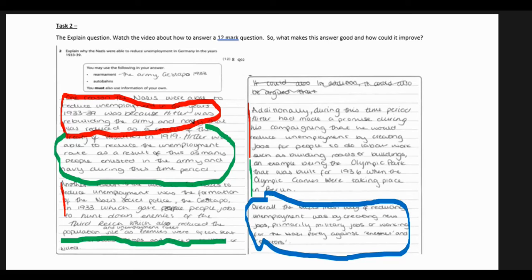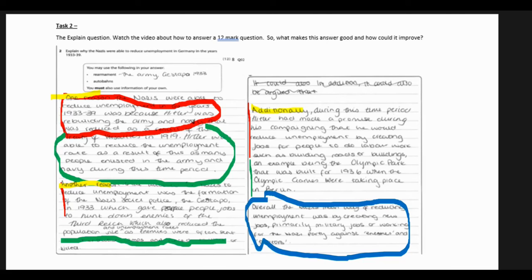There isn't a line of argument at the beginning which is then followed through, which means that if you look at the start of the paragraphs, we have one reason, we have another reason, and we have additionally.